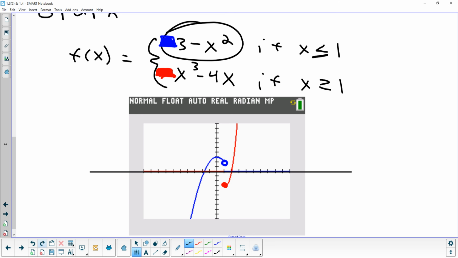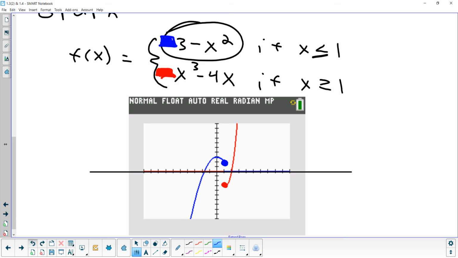Isn't it saying that 1 is included in that line? And what's wrong with including 1 in the blue one? Because it's an open circle. Well, let's say I made it a closed circle. What's wrong with doing that? Yep. It's in both rules. That's not good.